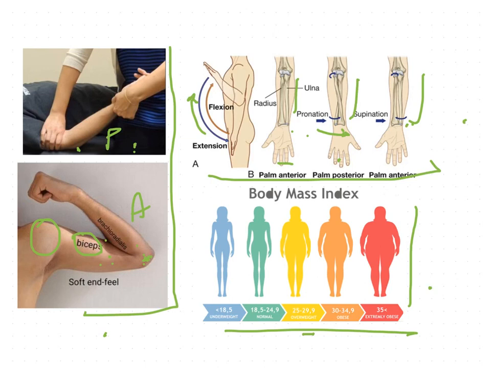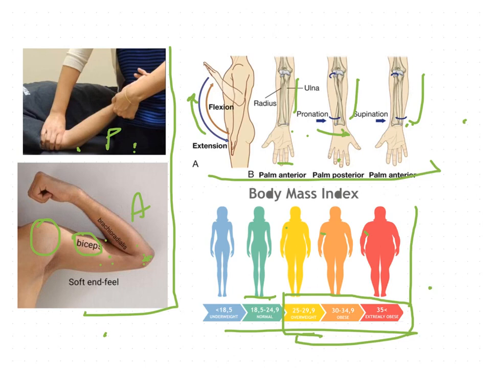Okay, so when the BMI is overweight, obese or extremely obese, in these conditions the range of motion at the elbow is limited. If you can see here, this is the normal BMI, and in these three cases the bulk of the arm is increased.